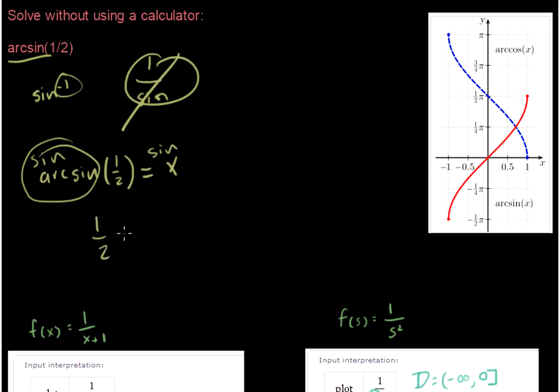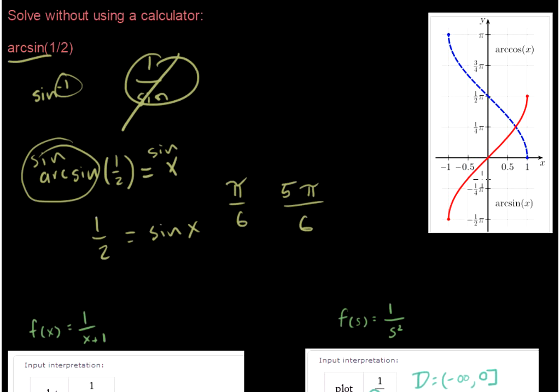So you have 1/2 equals sine of x. And then you can just look at a unit circle, and you know sine is 1/2 at pi over 6, and then also 5 pi over 6.